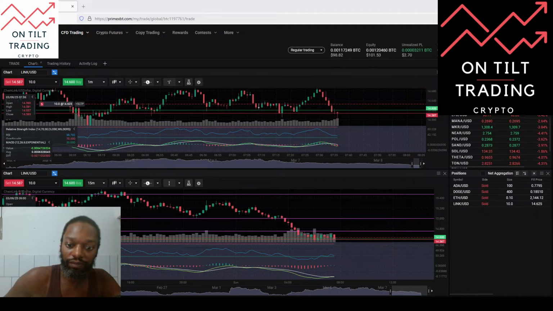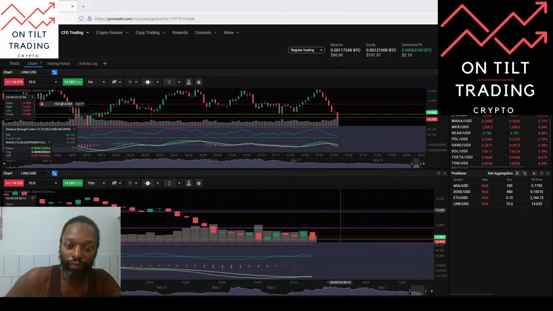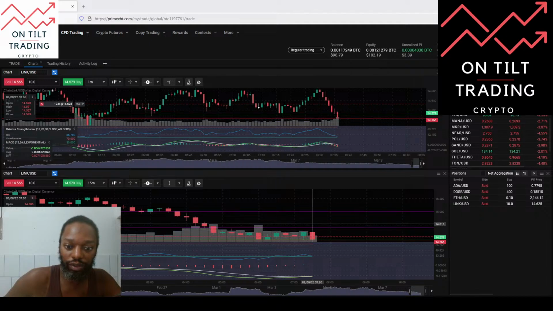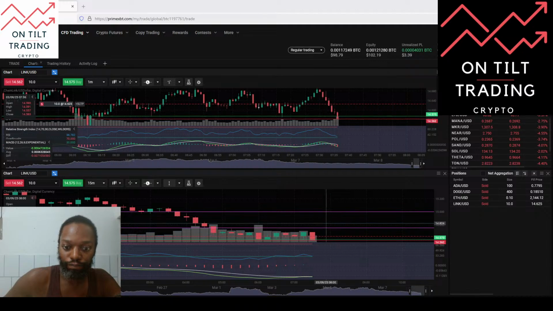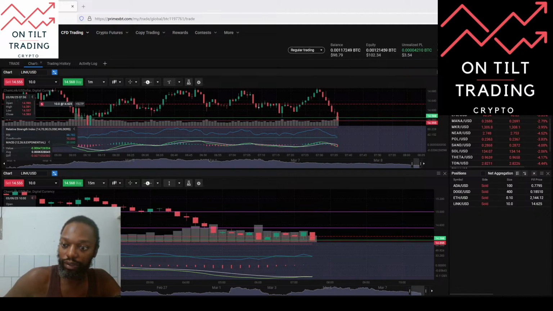I'm looking at this 15-minute candle. Looks like we just put in a new 15-minute low. Let's take a look. Yeah, so we just put in a new 15-minute low. So this is, to me, showing weakness. We're headed towards oversold conditions.